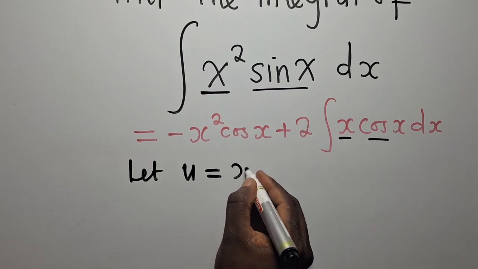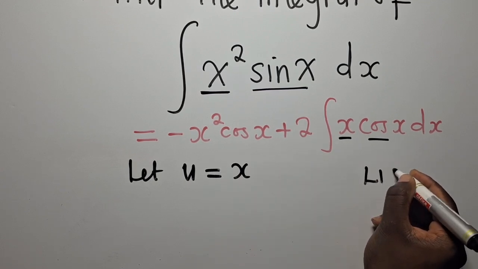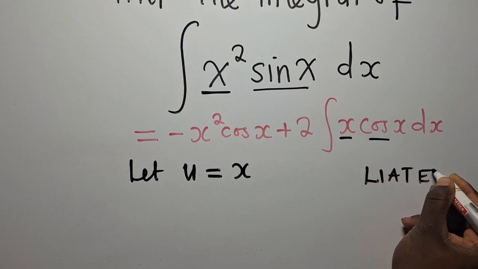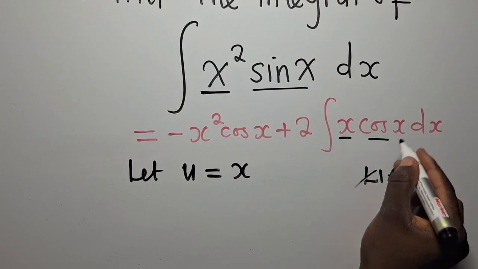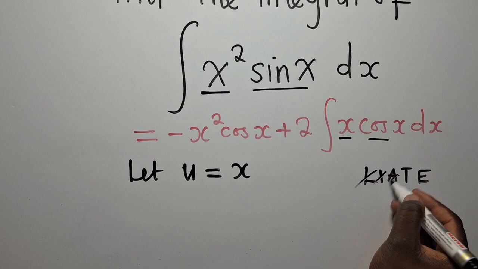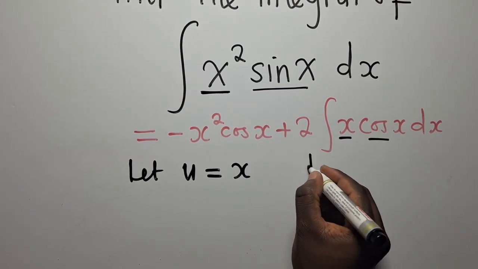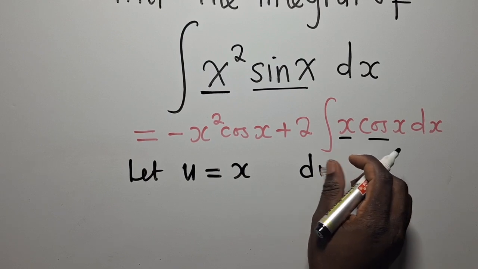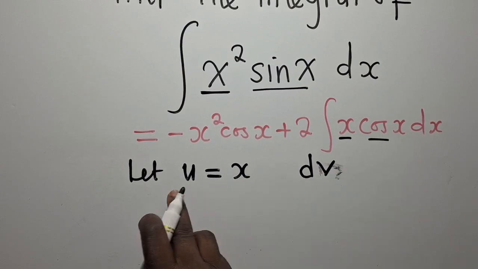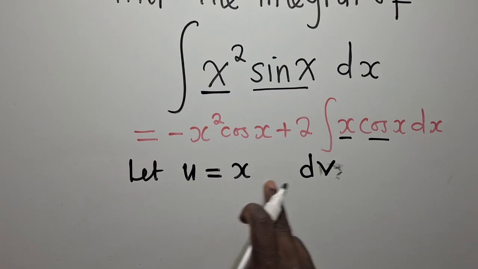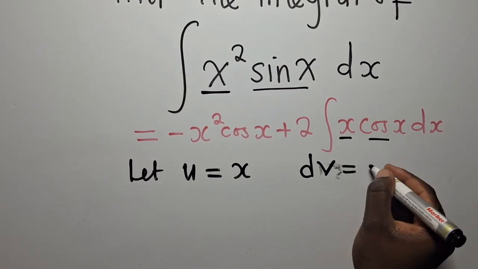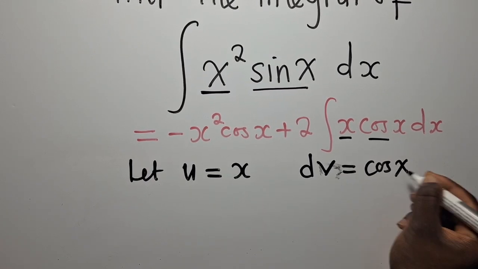It's x. Using this mnemonic, there's no log, there is no inverse, algebra first. So pick algebra. And then you say dv, there are only 2 things. There's u, which is x, dv will be what will remain. In this case, it's cos x.